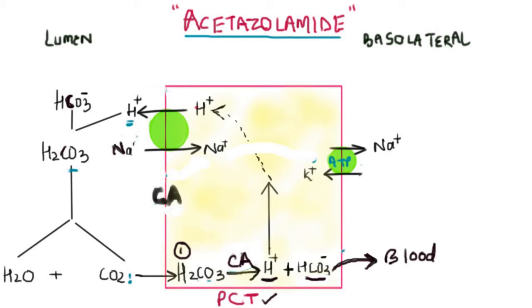While the H positive ion which is produced will go and bind to a transport protein which transports it from the intracellular to the luminal side.